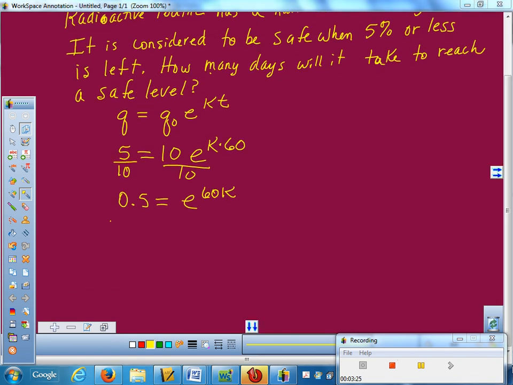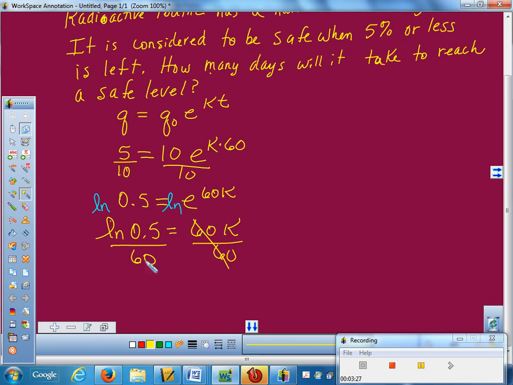What kind of log? I put natural logs on it, which means I have the natural log of 0.5 equals 60K. And then I have to divide by 60. We just punch that in: natural log of 0.5 divided by 60.